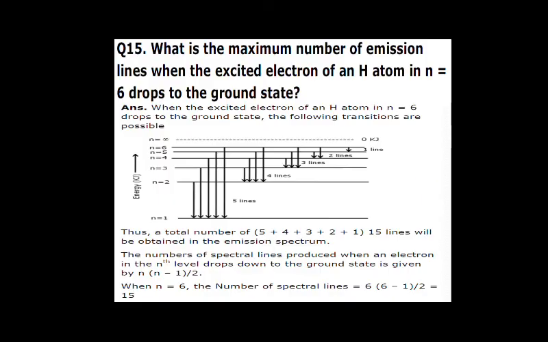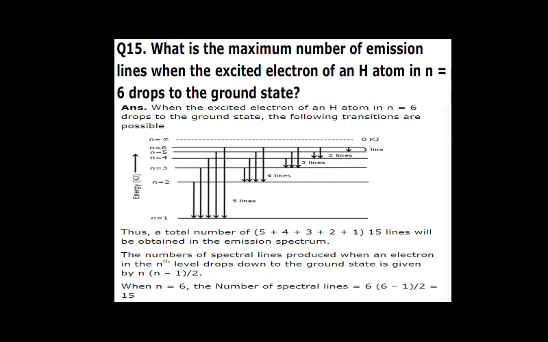Here you can see the answer, and you can verify how the 15 lines are coming. When the electron in a hydrogen atom jumps from 6th to 1st, the Lyman series, you can see there are 5 lines. In the Balmer series, you will get 4 lines when the electron jumps from 6th to 2nd orbit. In the Paschen series, 3 lines.